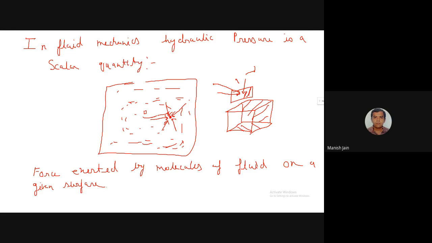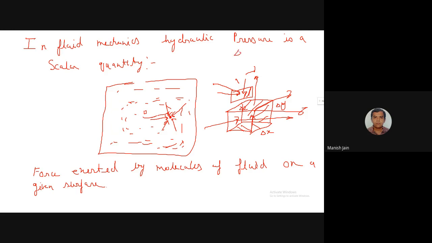This surface has a direction, this surface also has a direction. The upper surface has this direction, the lower surface also has this direction, and the front surface has this direction. So you have 6 surfaces present in 3 different directions. Now suppose this cube has a very small dimension: delta x, delta y, delta z, where delta x, delta y, delta z tend to 0.